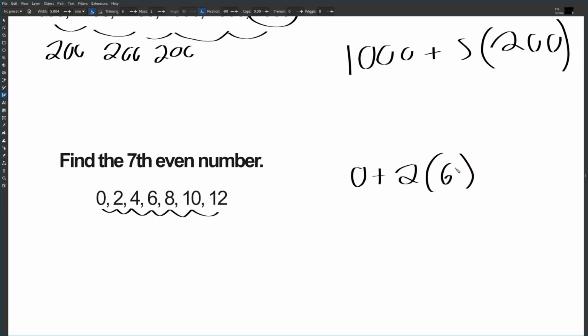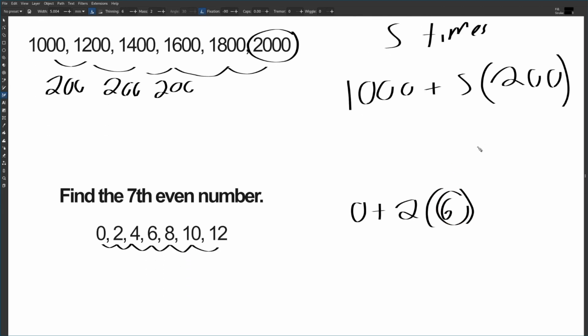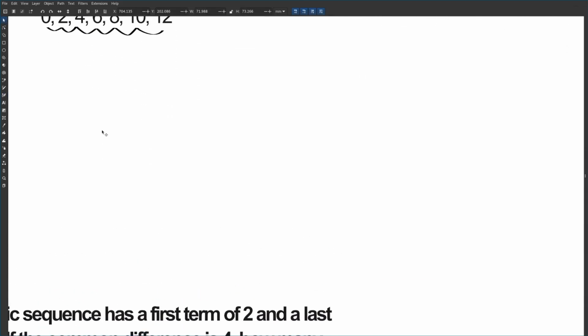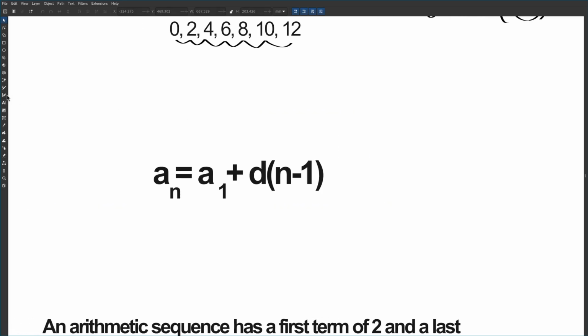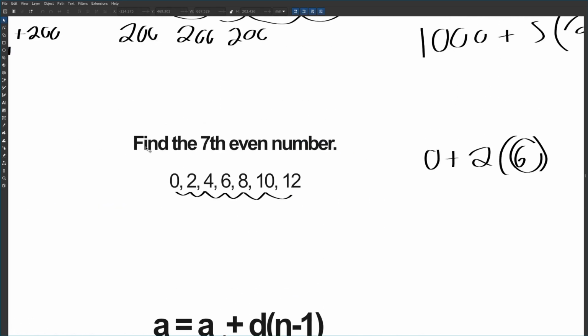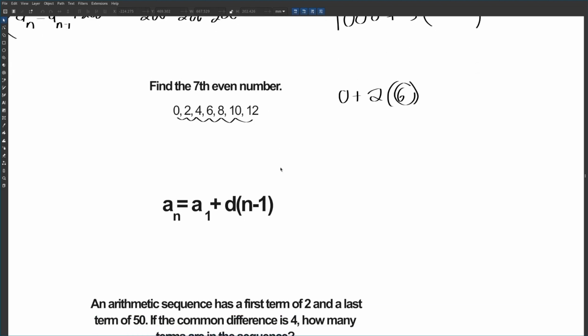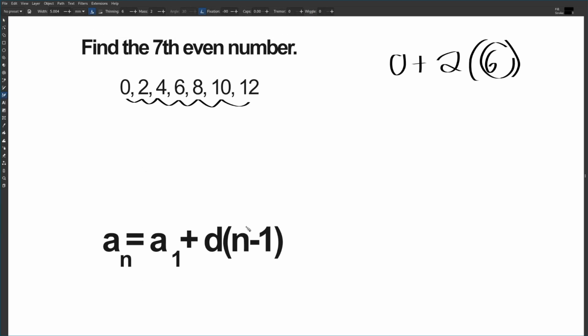If you're really astute, you'd see that this 6 is 7 minus 1, and this 5 is 6 minus 1. That actually matches up with the formula for the arithmetic sequence. This is called the explicit formula. If you don't want to use the recursive one where you just add or subtract, you can use this explicit one, which tells you directly what the value of a given term will be. And it matches up with what we did here.